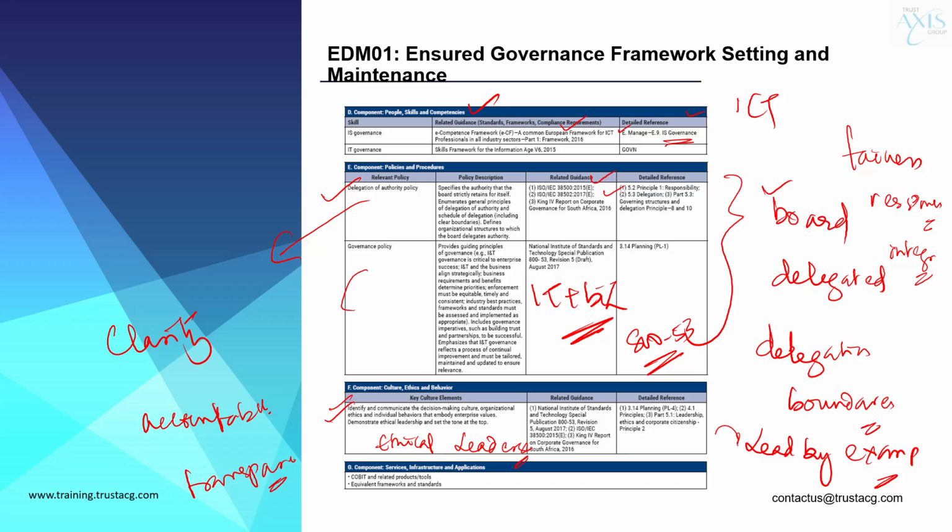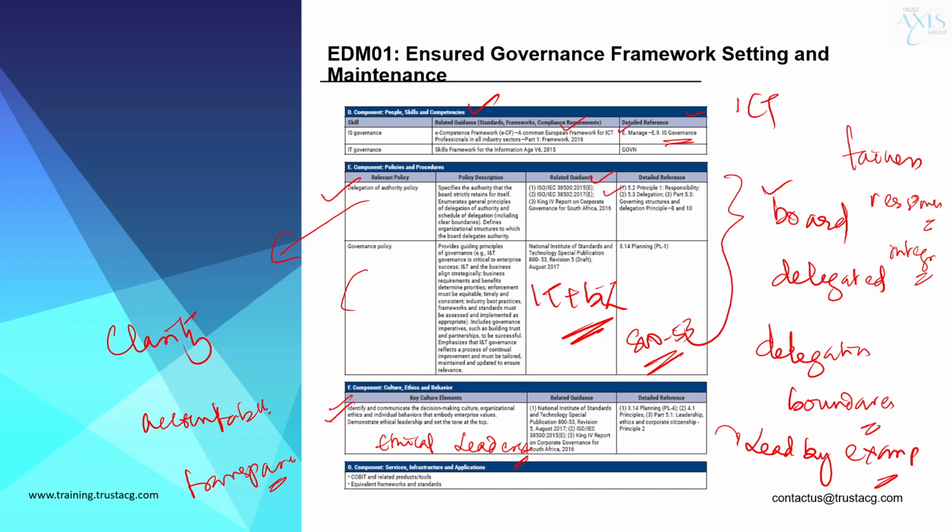Now, again, inputs are being taken from well-known standards like NIST special publication 800-53 or ISO 38500, etc. This ensures that governance is not just compliance driven, it is values driven and forms the organization's ethical DNA, right?